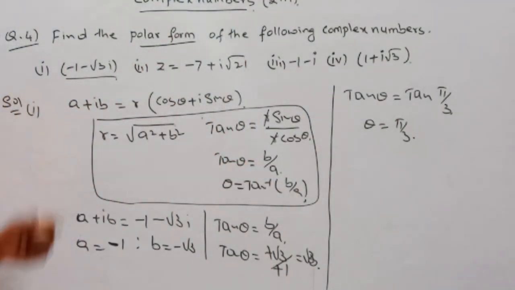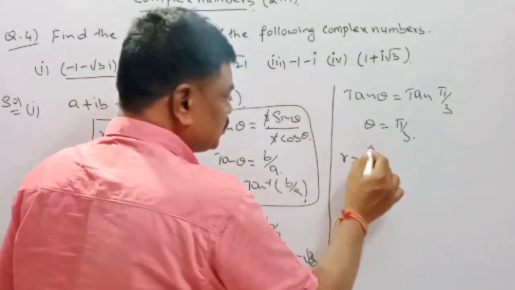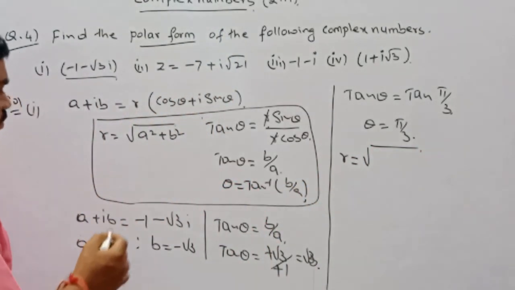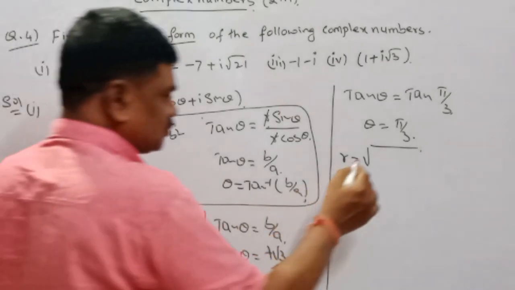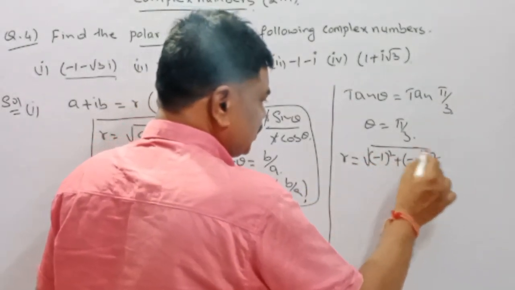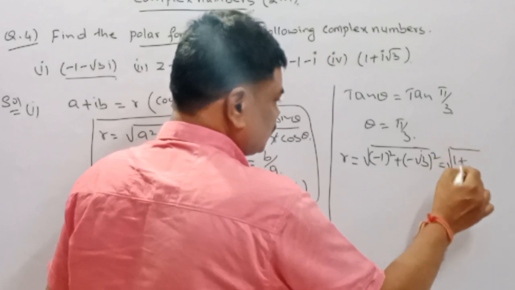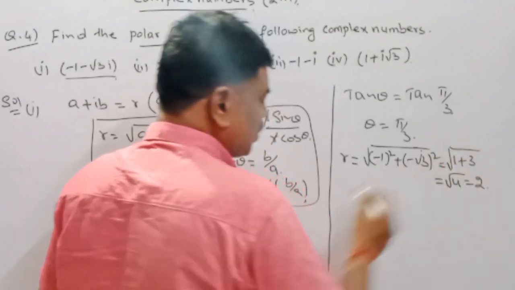Then what is the polar form? Next we have to find the r value. R is equal to root over a square plus b square, where a is equal to minus 1 and b is equal to minus root 3. Root over minus 1 whole square plus minus root 3 whole square, root over 1 plus 3, is root 4, which is equal to 2.